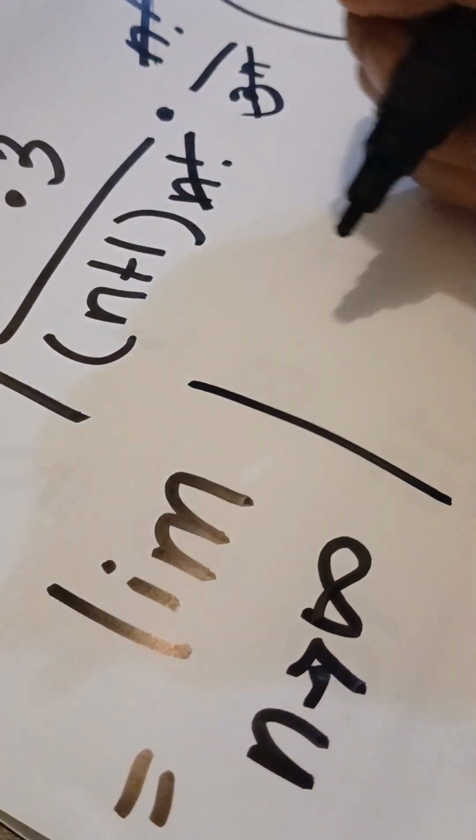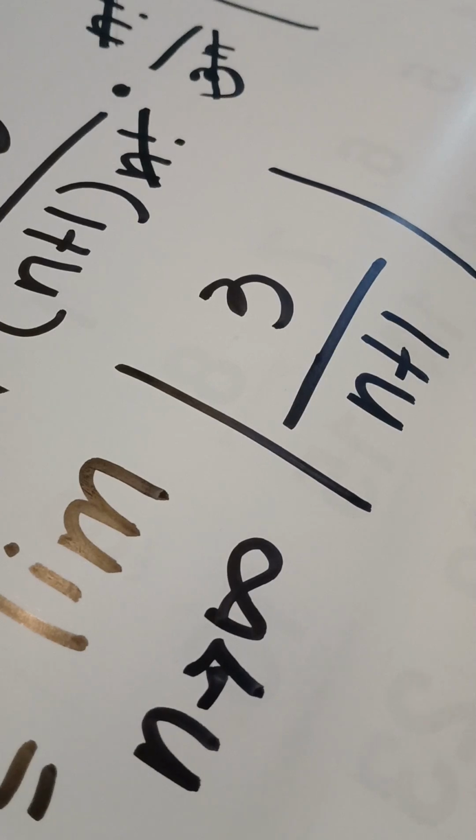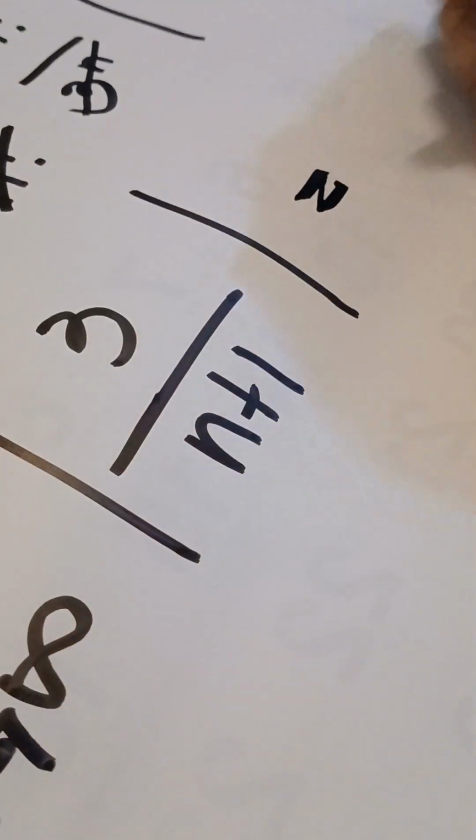So, if n becomes large, 3 over n plus 1 is going to go to 0, and 0 is less than 1. So, therefore, we could say that the original series converges absolutely.